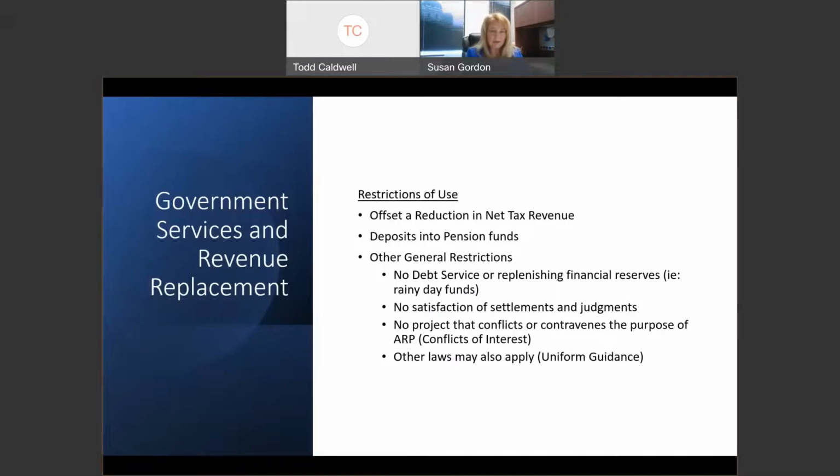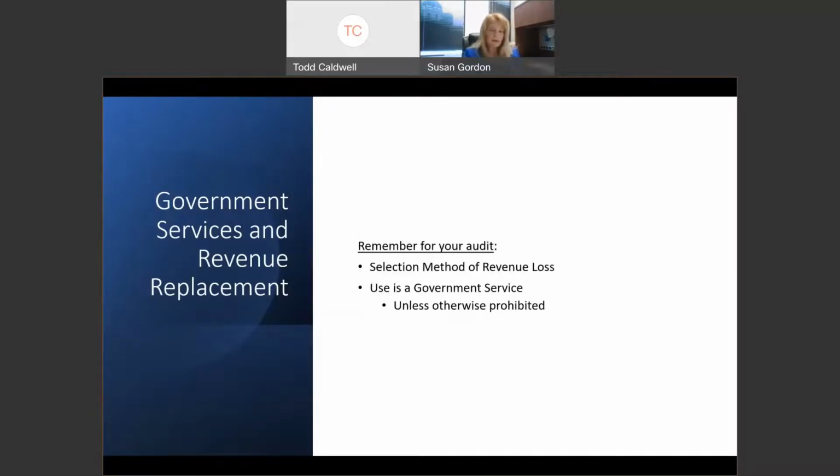You can't put it in there. You can't satisfy your settlements or judgments. You can't have payment on any projects that create a conflict or contravenes the purpose of the American Rescue Plan. And then there are other laws that might apply to that too, like the uniform guidance rules that we've talked about before. So no doubt a lot of these might be government services, but those would not be allowed.